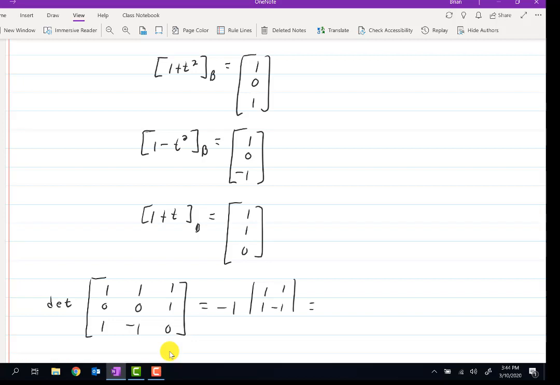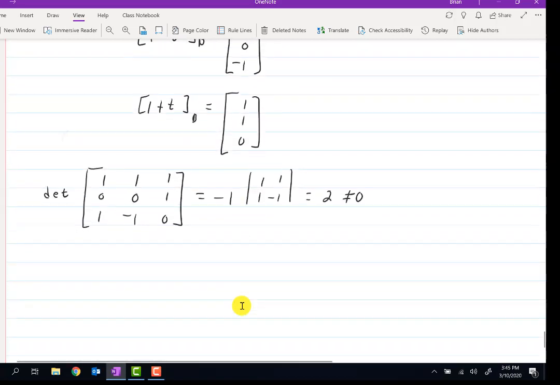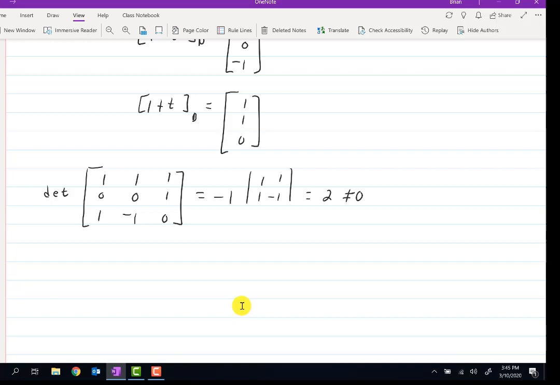So what's that equal? Well, here I'll get negative 1 minus 1 will be negative 2, times that will be a positive 2. Well, since this does not equal 0, the matrix is invertible.